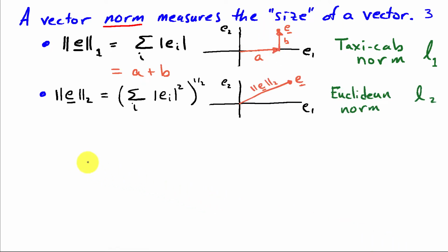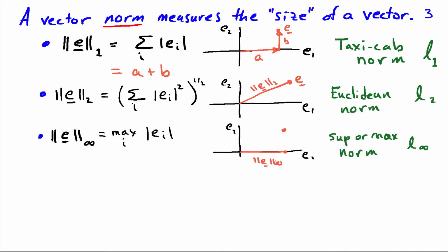Now the L2 norm is the square root of the sum of the squares of all the elements in the vector. This is the direct distance from the origin to the point E in space, and it is also known as the Euclidean norm. It's probably the one that's most familiar to most of you.